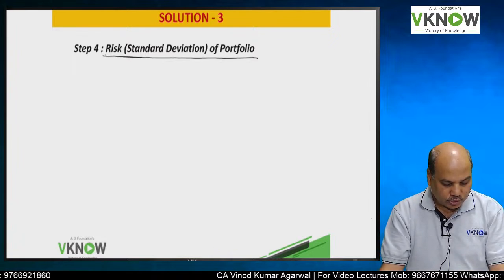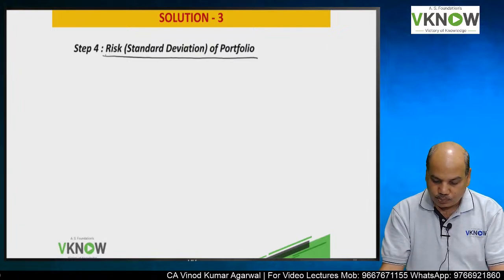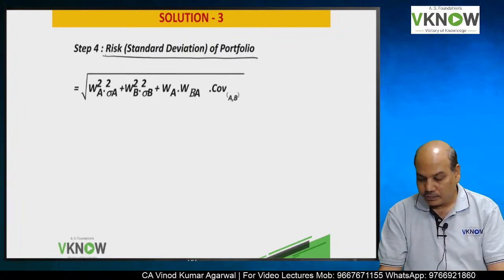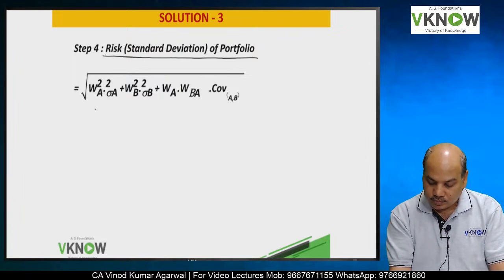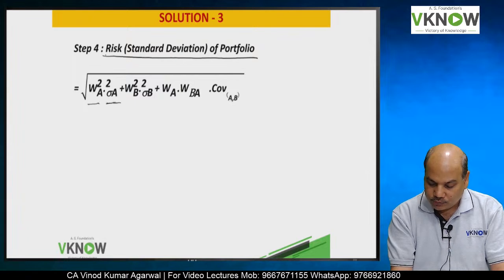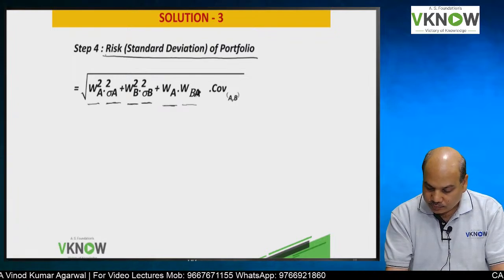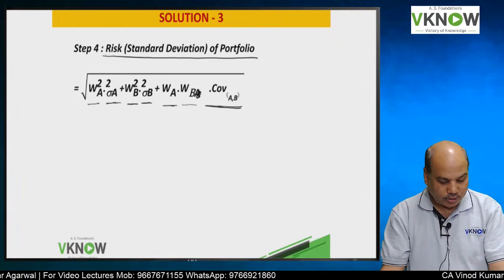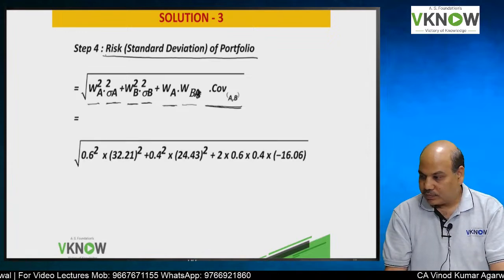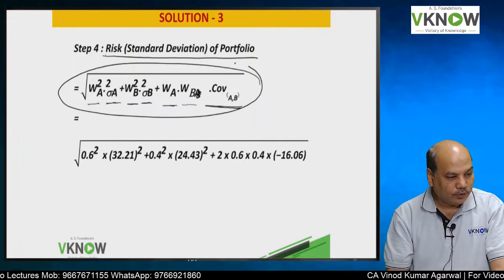So the formula is under root WA square into sigma A square, weight of A square into standard deviation of A square, plus WB square into sigma B square, plus 2 into WA into WB into covariance between A and B. I hope you remember the formula. If you remember the formula, you will get full marks in this question.